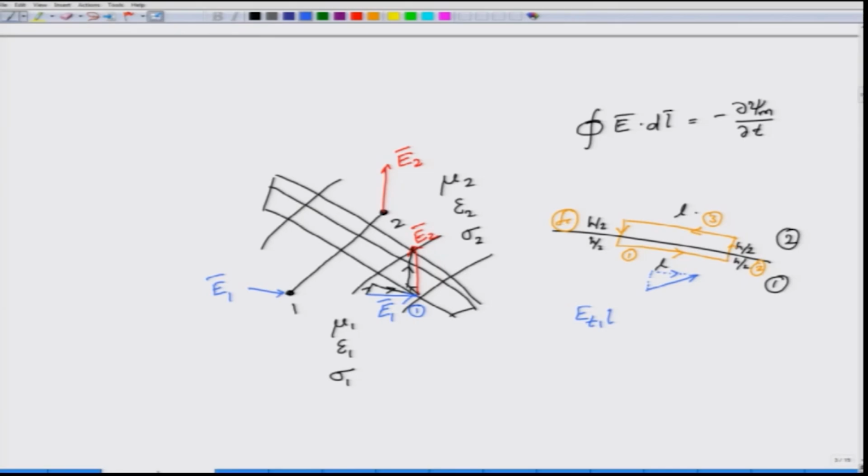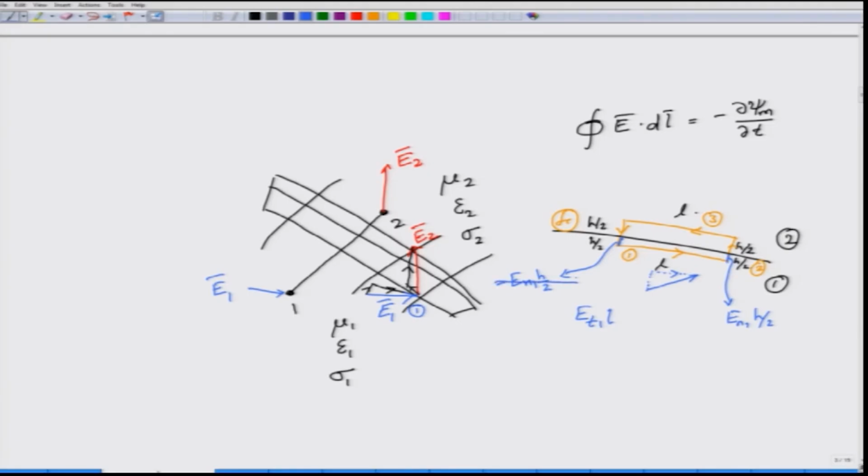What can you say about the integral along segment 2? Well, the integral along segment 2 has to be broken up into two quantities. Here you have En1 h by 2, and on top here you will have En2 h by 2. However, what is the component at the fourth segment? It is minus En1 h by 2, because these two are in the opposite directions, and the electric field along this half of the segment as well as this half of the segment are the same.